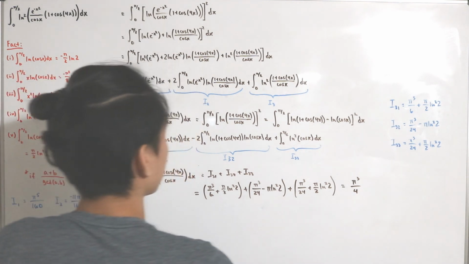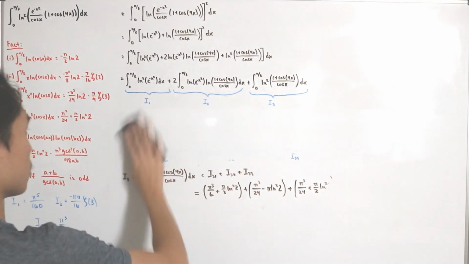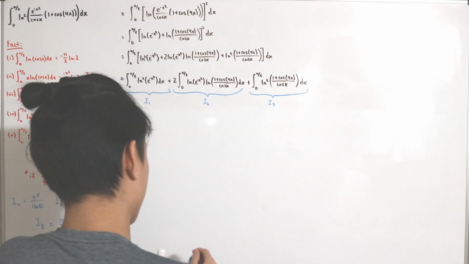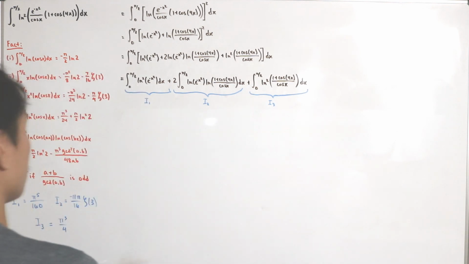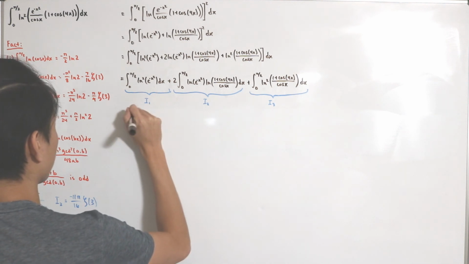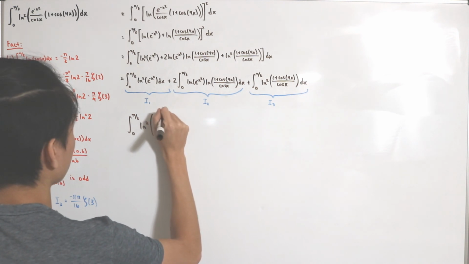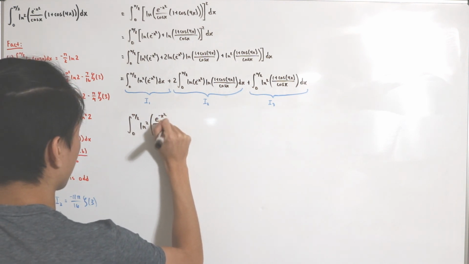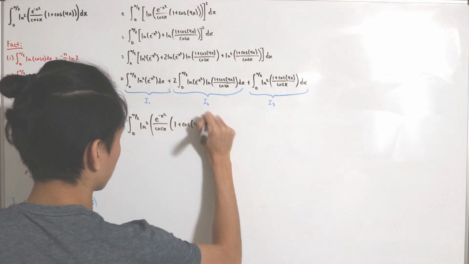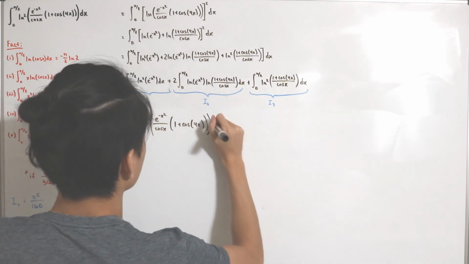All right. So I can get rid of everything here. We solved everything we need to solve. Okay, now just to reiterate everything we have. We're given the integral from 0 to pi over 2 of ln squared of e to the negative x squared divided by cosine x, multiplied by 1 plus cosine of 4x, dx.